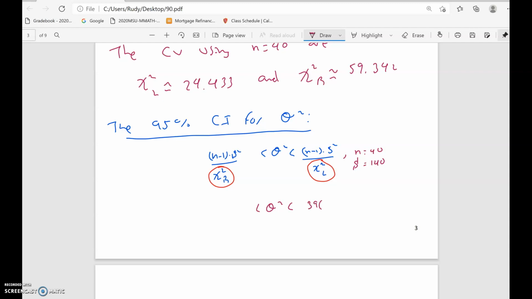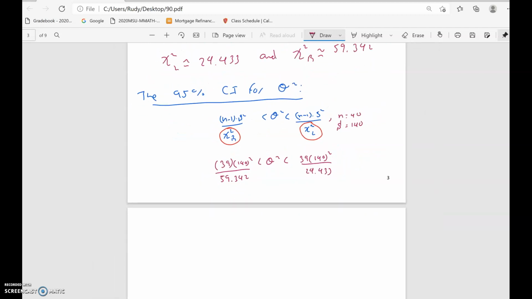This will be 39 times 140 squared over 24.433, and then 39 times 140 squared over 59.342.